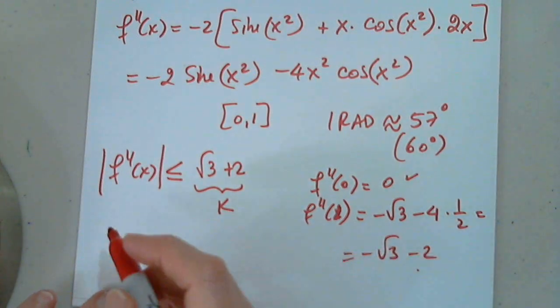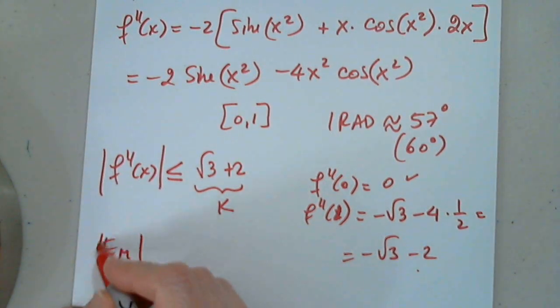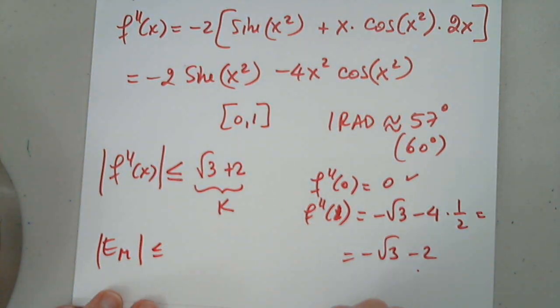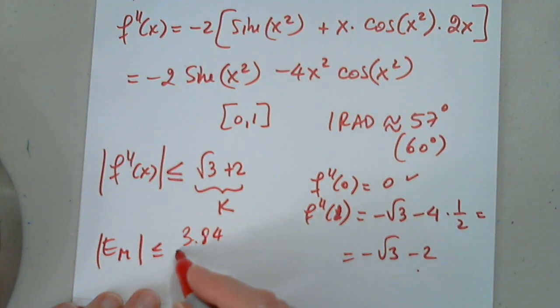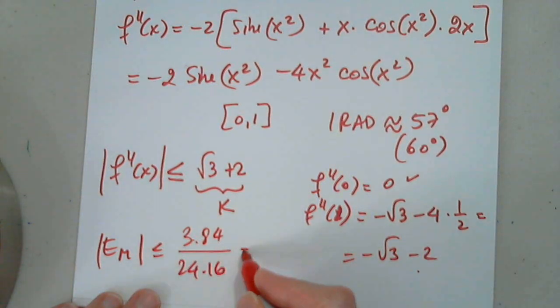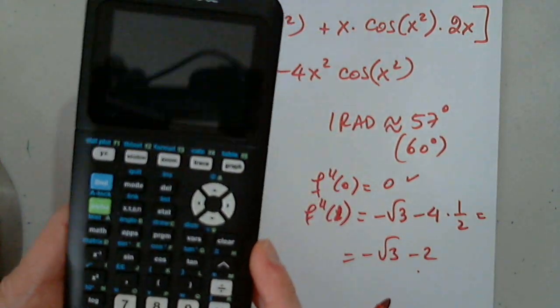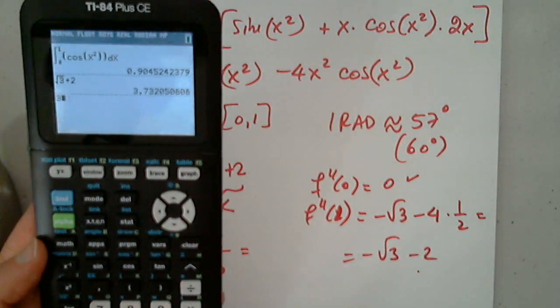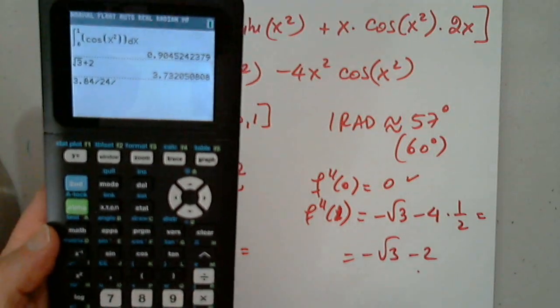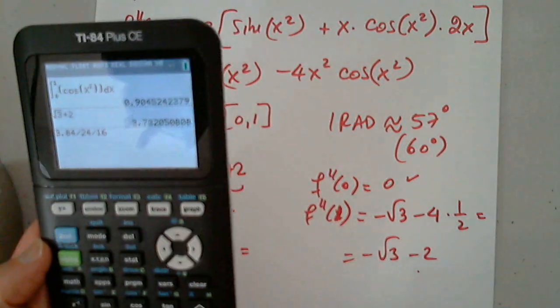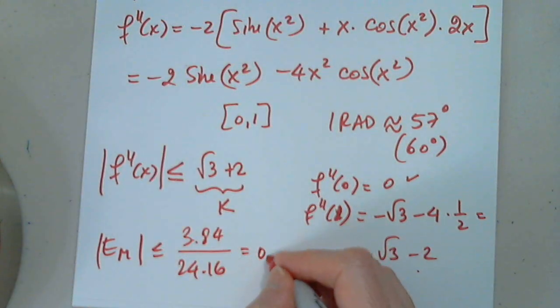Okay, so the error bound, the upper bound, 3.84 divided by 24 times 16, and we get 3.84 divided by, don't forget 24, and divided again by 16, or you put parentheses in the denominator. So 0.01.